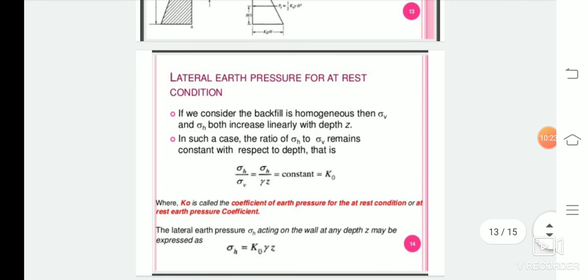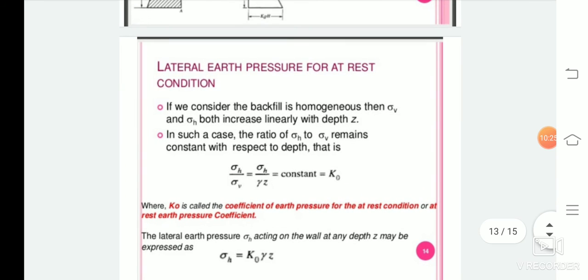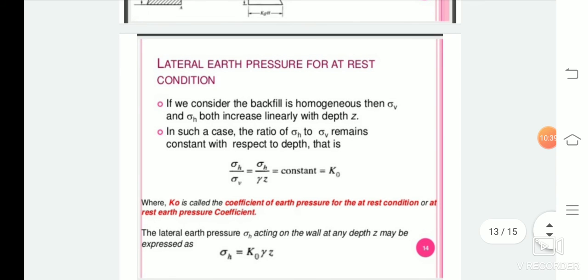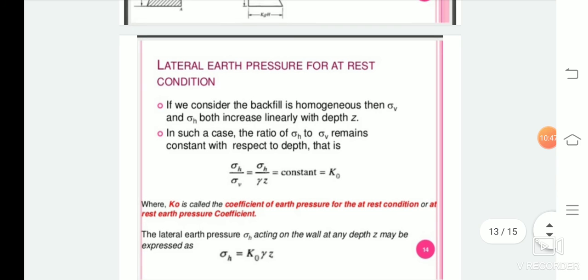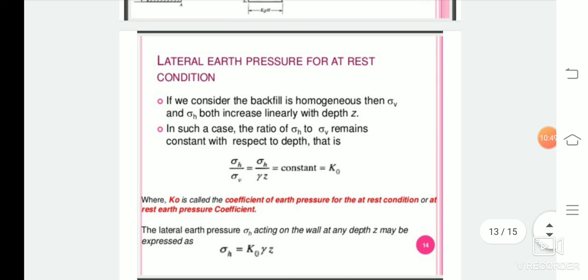This sigma h by sigma v is given as K naught, where K naught is the coefficient of earth pressure at rest. The value of sigma v is substituted as gamma into z, where gamma is the unit weight of the soil and z is the depth of the soil.